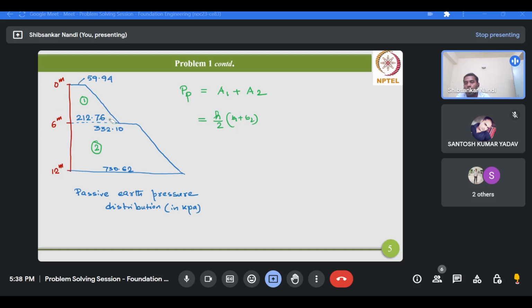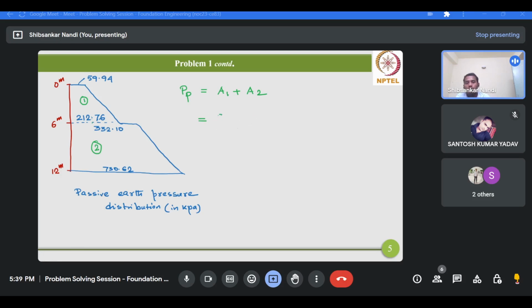Otherwise, you can split this diagram into a rectangle and triangle and then also calculate, but in that case your calculation will be a little bit lengthy. So we'll calculate it from the area of a trapezium.